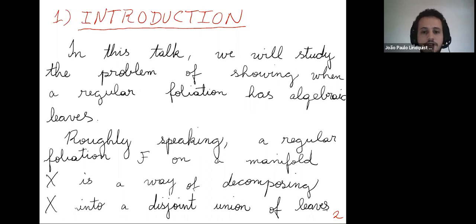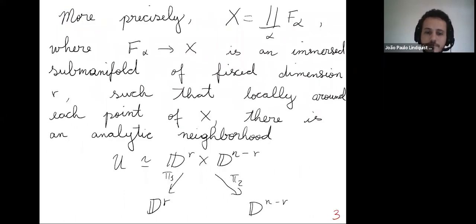A regular foliation on a manifold is a way of decomposing the manifold into a disjoint union of leaves, which are some manifolds. What does that mean? More precisely, we decompose X into a disjoint union of immersed submanifolds F_alpha.